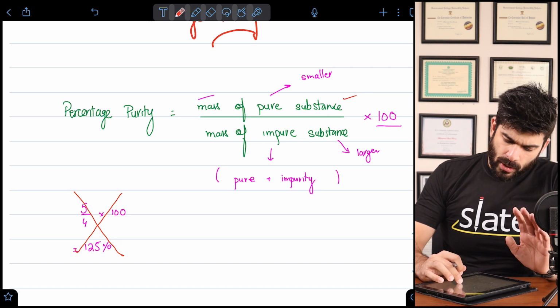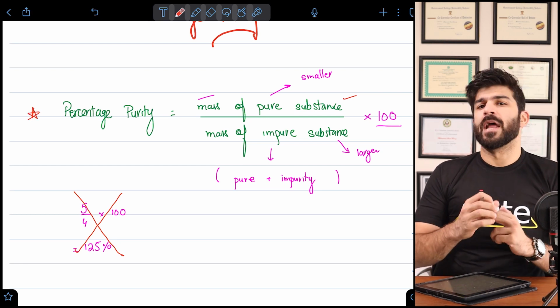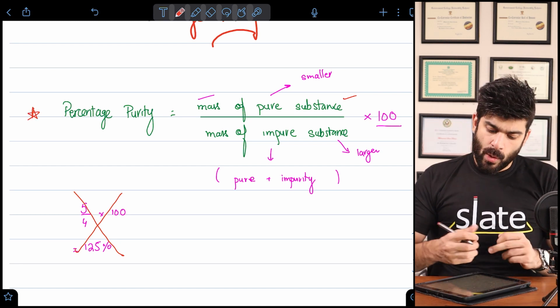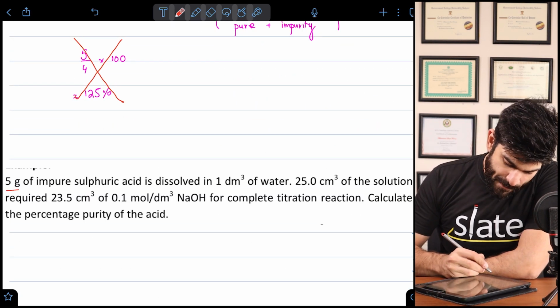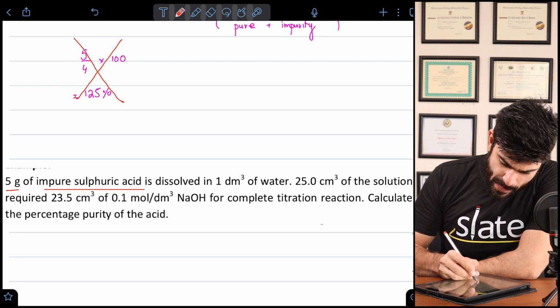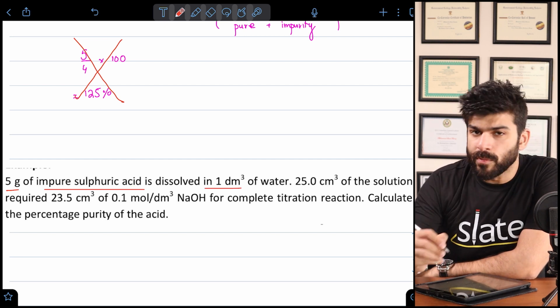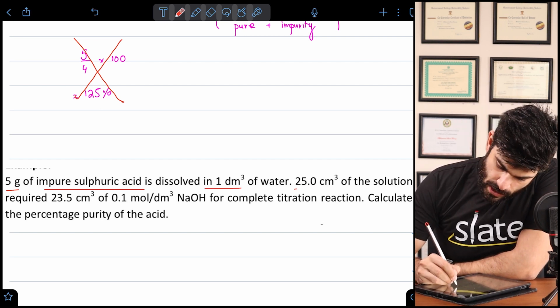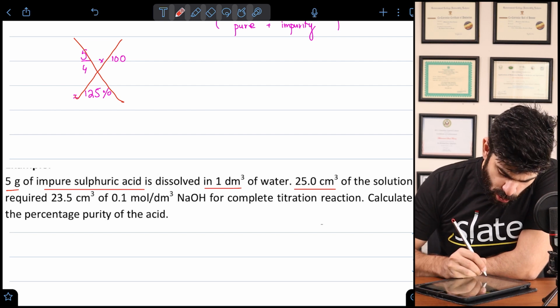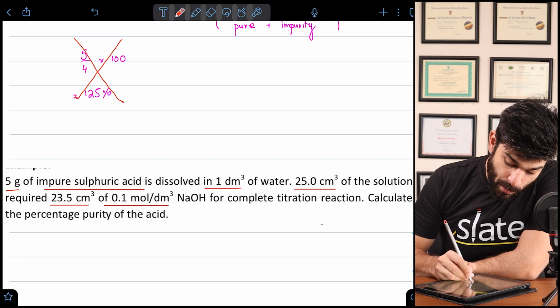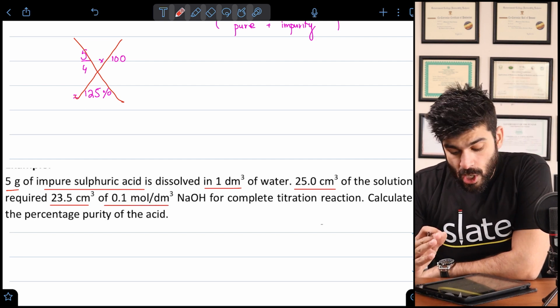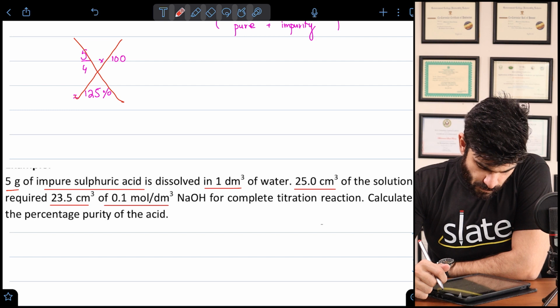So now let's talk about a question. This is just one formula and we just have to apply this formula. We just have to calculate the value. Now, 5 grams of impure sulfuric acid is dissolved in 1 decimeter cube of water. 25 centimeter cube of the solution required 23.5 centimeter cube of 0.1 mole per dm cube NaOH to complete the titration.